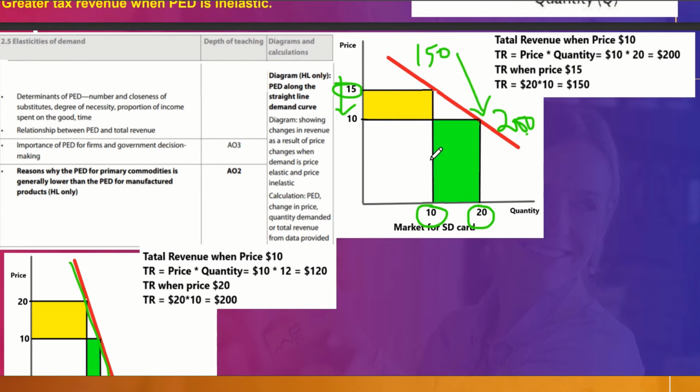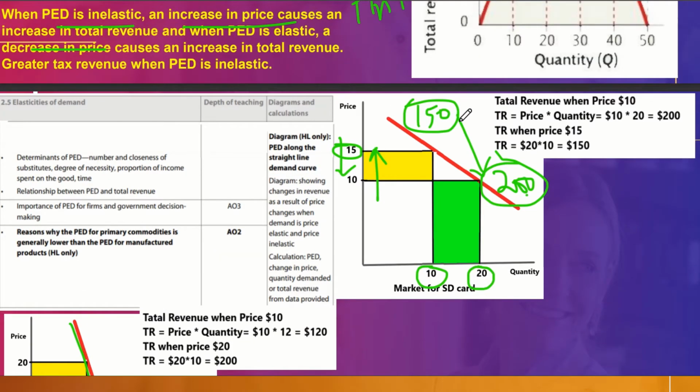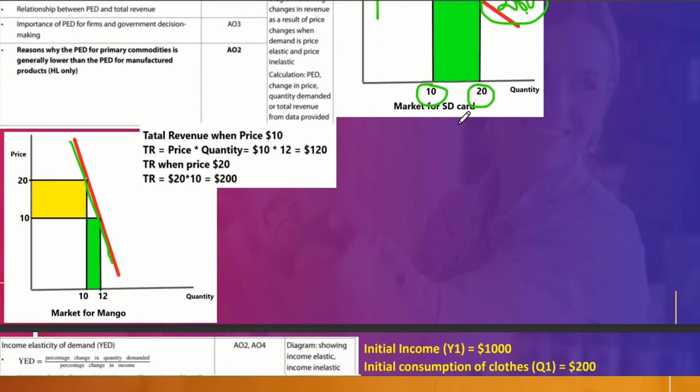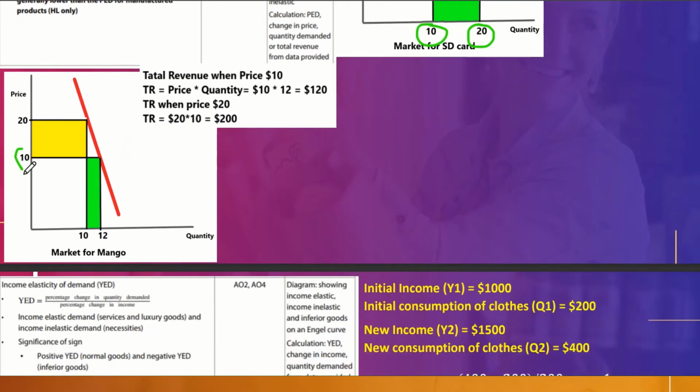Meanwhile, the opposite also you can say: if the product is elastic, an increase in the price from $10 to $15, the total revenue changes from $200 to $150. So an increase in price is causing a decrease in total revenue. Meanwhile, in the inelastic case, the steeper demand curve, the price increases from $10 to $20.